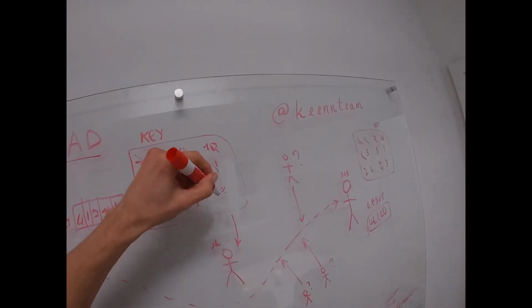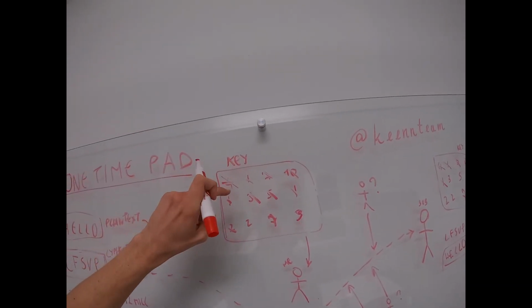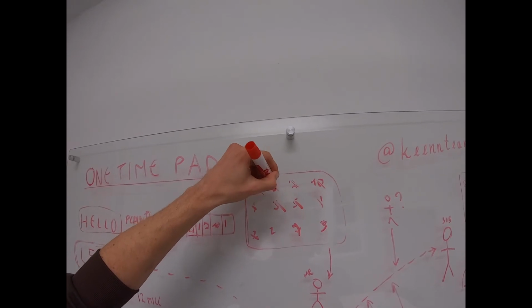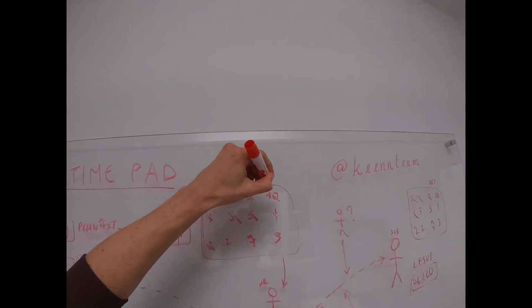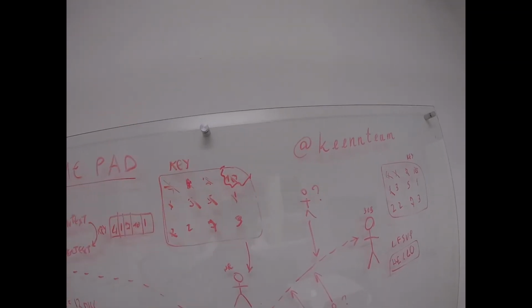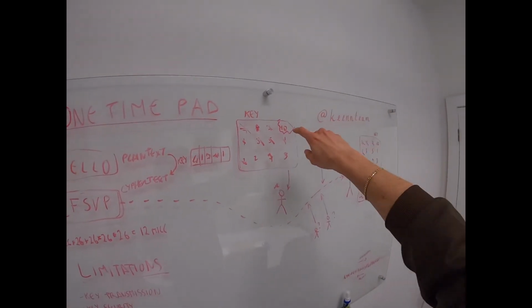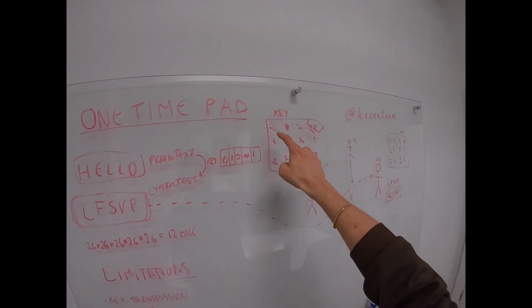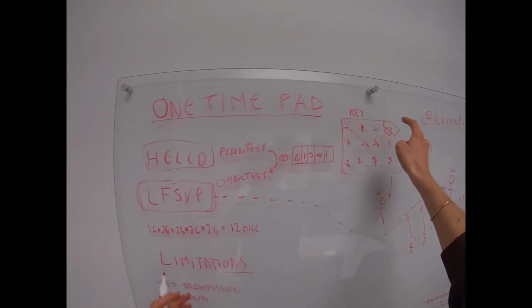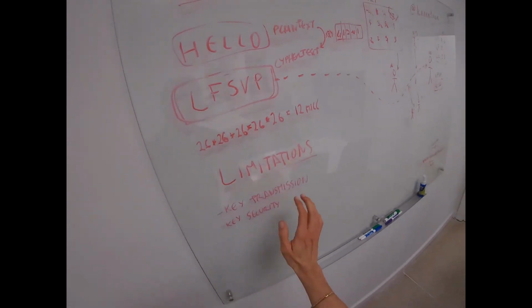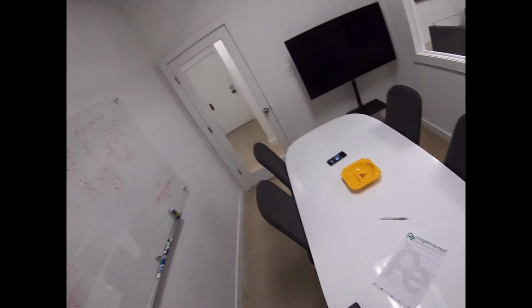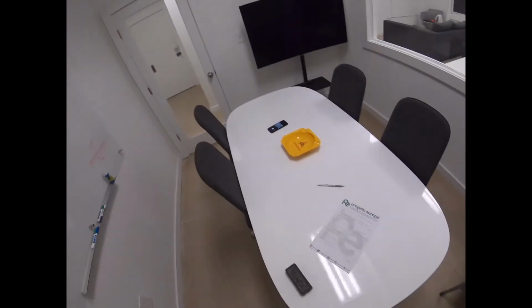Maybe this is a bad example because it's the last one, but let's say I spill coffee and this character becomes illegible, or the dog bites a piece of this away. I'm screwed, because then what's the next key after this one? I lose the whole encryption. So the security of the key, of the pad, is a limitation, right? I need to guard it and make sure it's safe.